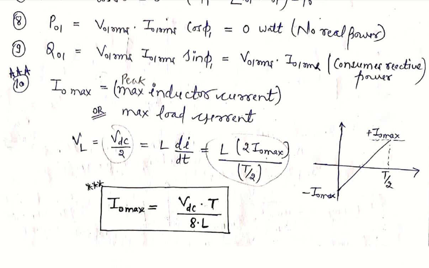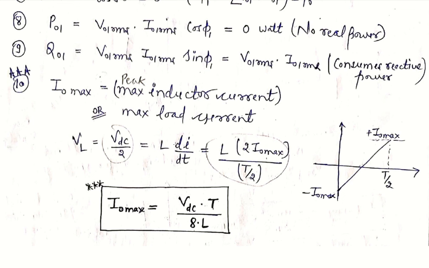Now we will calculate the maximum or peak inductor current. This is the inductor current waveform, which goes from minus I0 maximum to plus I0 maximum, from the negative to the positive side, up to T by 2. If you want to calculate the peak inductor current or maximum load current, because the load is actually an inductive load, we calculate the maximum or peak current through the inductor as well as the load. So VL equals VDC by 2, which is equal to L di by dt, the output voltage across the load.